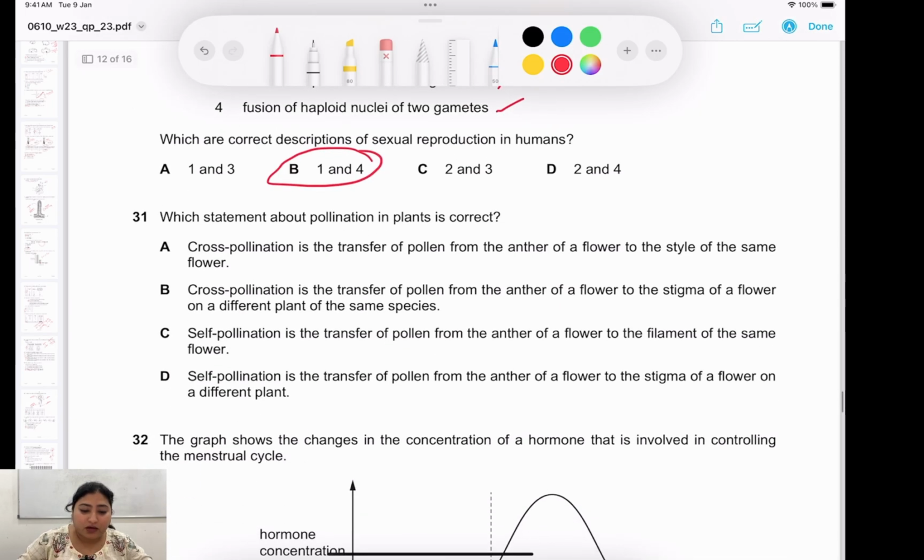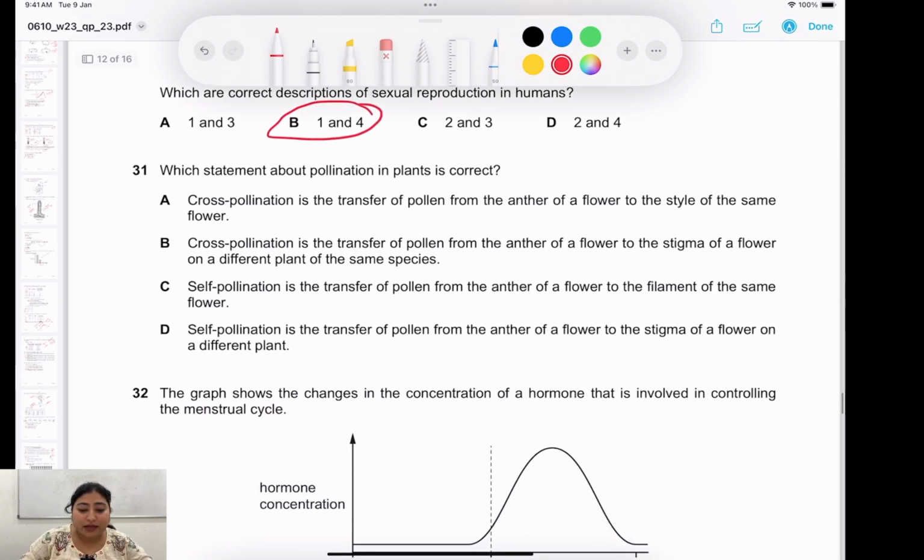Which statement about pollination in plants is correct? Okay, so cross pollination is the transfer of pollen from anther of a flower to the style of the same flower. This is self pollination. Cross pollination is the transfer of pollen from anther of a flower to the stigma of a flower on a different plant of the same species.